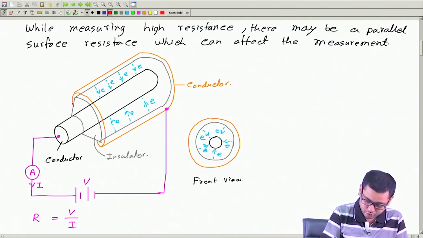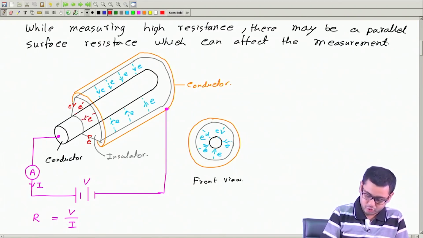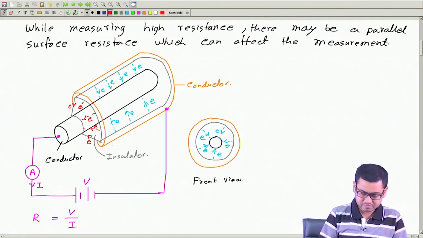So, electrons can flow only like this, only through this surface, not through the volume. So, this is only through this conical part of this insulator.